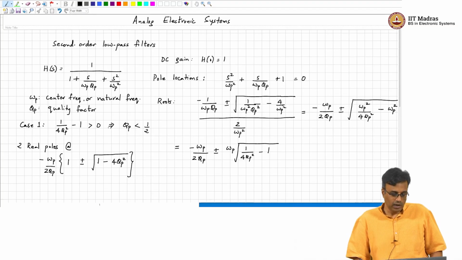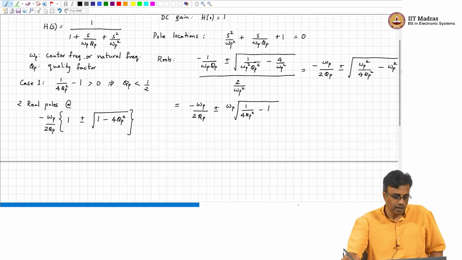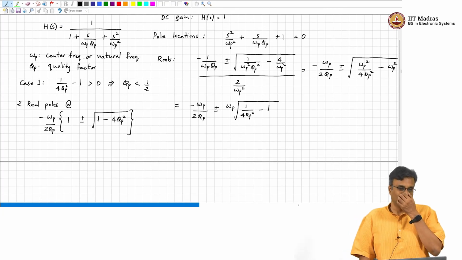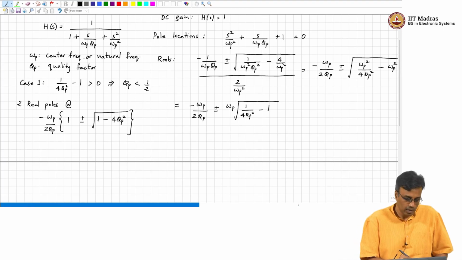All right. So, if the quality factor is less than half, then you have two real poles. The two poles are on the negative real axis, okay, and at these locations. Make sense?